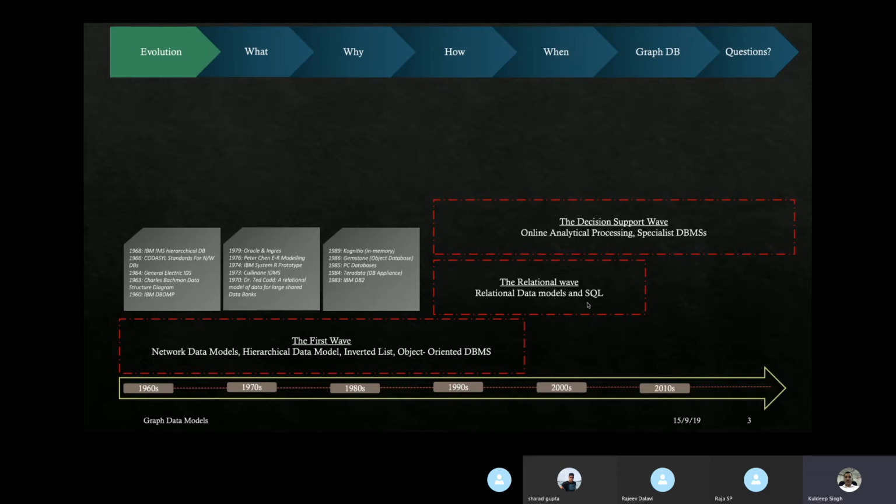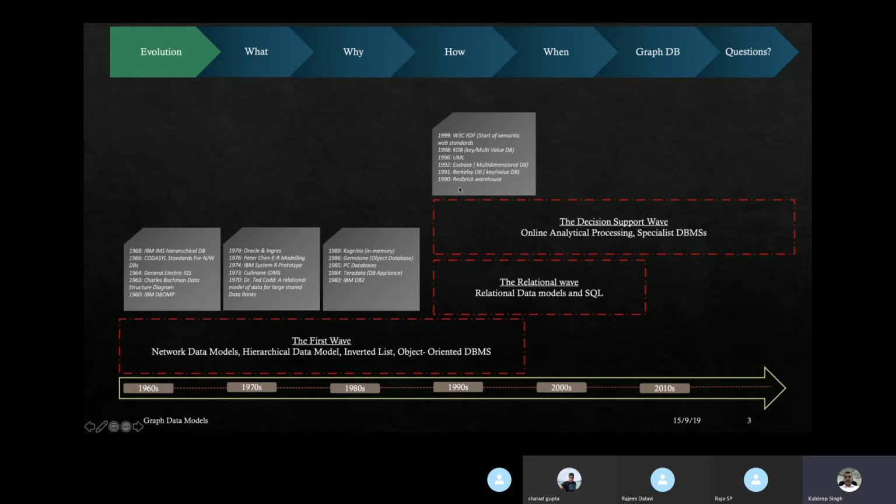But they started to lose their users by the beginning of 2000 somewhere. At the same time, the decision support wave, where big analytical queries like online analytic processing and very specialized DBs for a specific purpose, started to come up also.